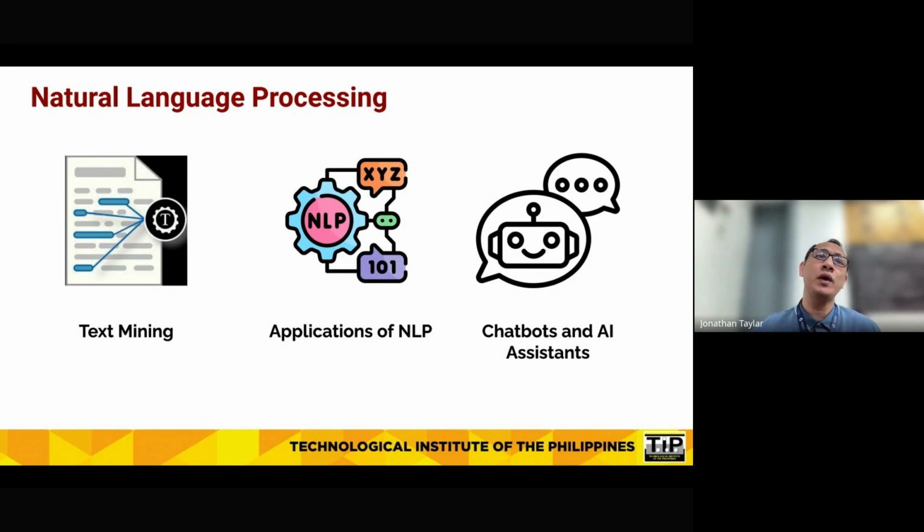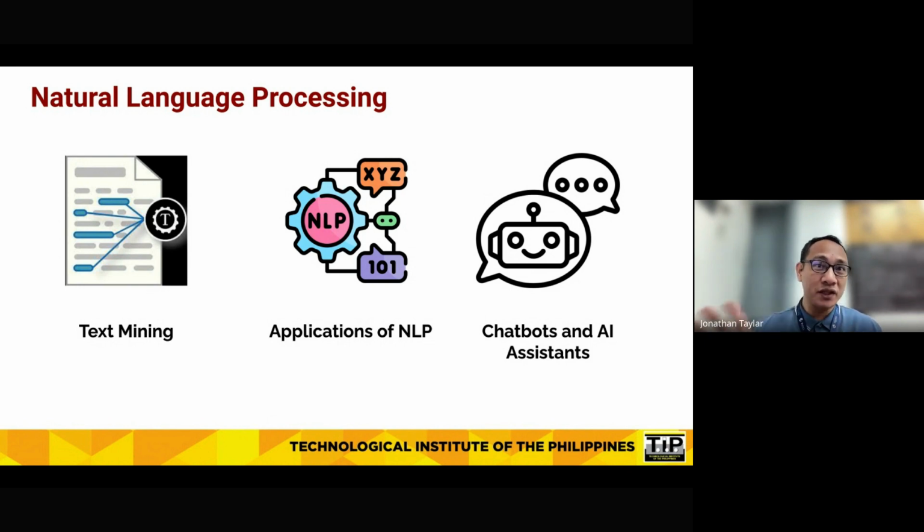There are also what we call question answering systems. You may be familiar with this NLP-based question answering system. They can understand and respond to user queries in natural language, for example, virtual assistants like Siri, Alexa, or Google Assistant.